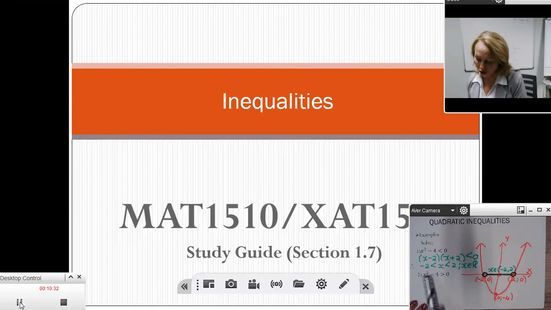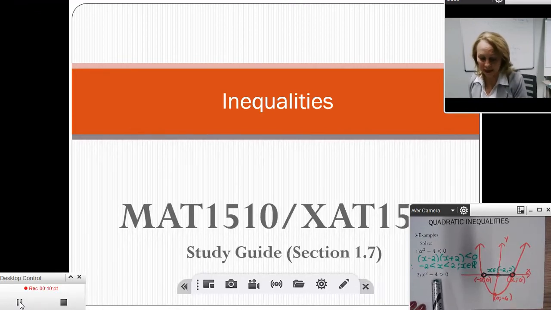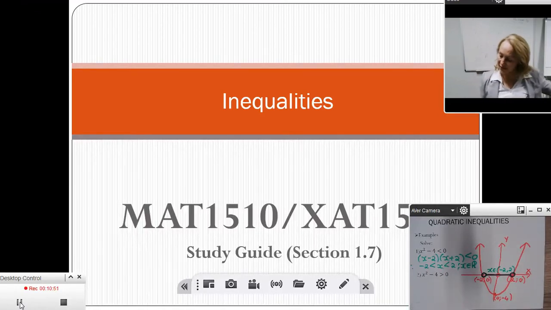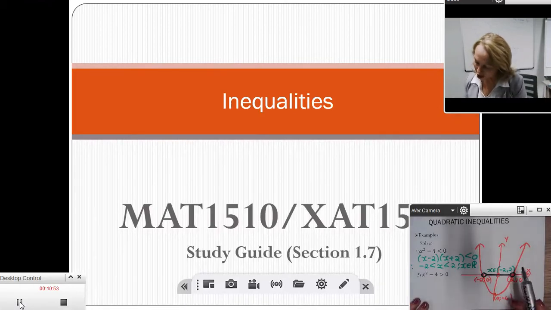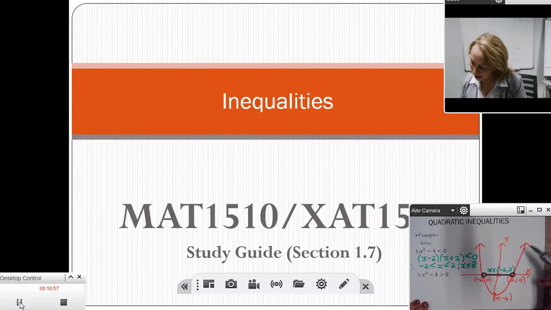All right, now I've chosen the same quadratic, y equals x squared minus 4, which is this parabola here, and I'm asking you to solve for x if this trinomial or quadratic is greater than 0. All right, so what are we interested in now? We're now interested in those values for x for which the graph, i.e. the parabola, lies above the x-axis.